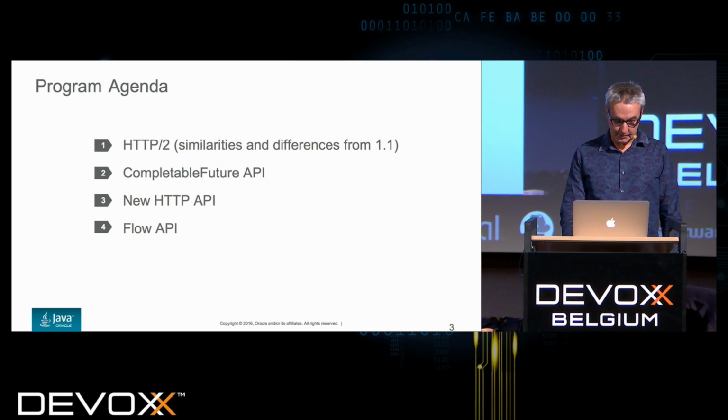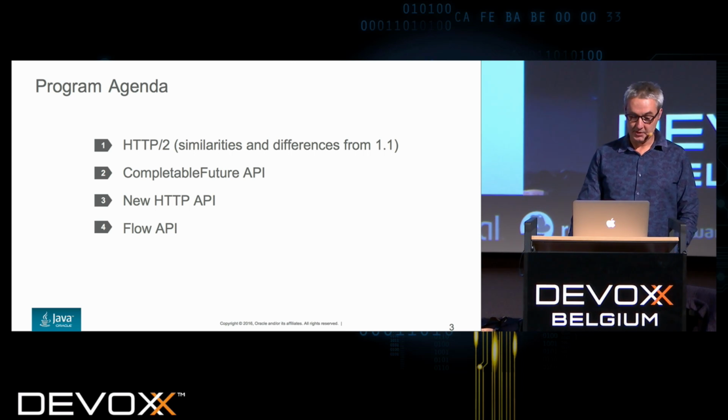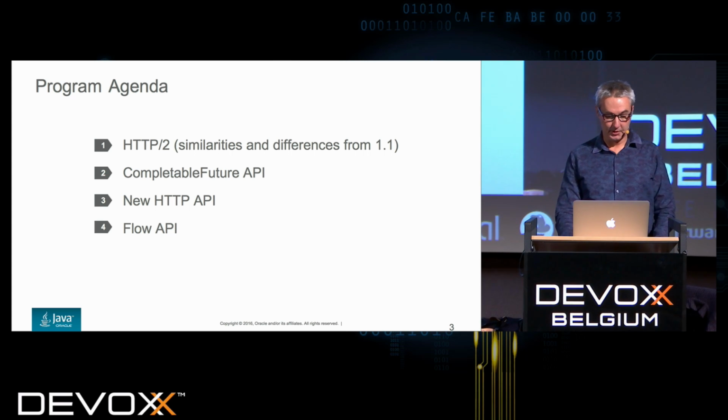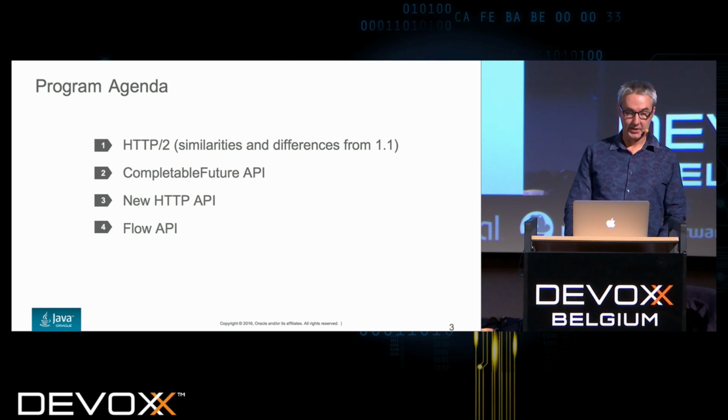Okay, so this is the agenda. I'm going to cover these three or four topics. First of all, a brief introduction to HTTP2, and then the similarities and differences between it and HTTP 1.1. Then a quick introduction to the CompletableFuture API, which this HTTP API makes significant use of.